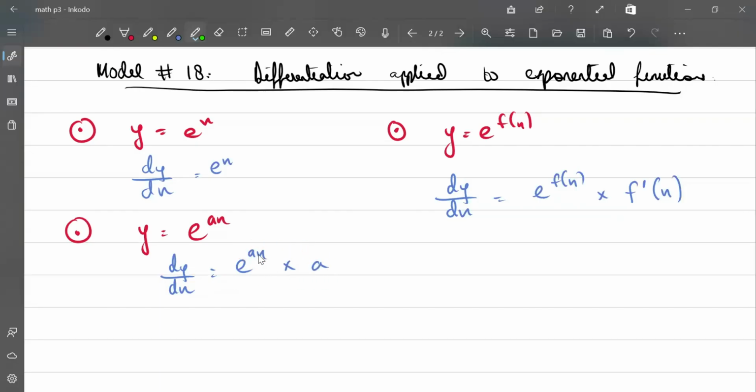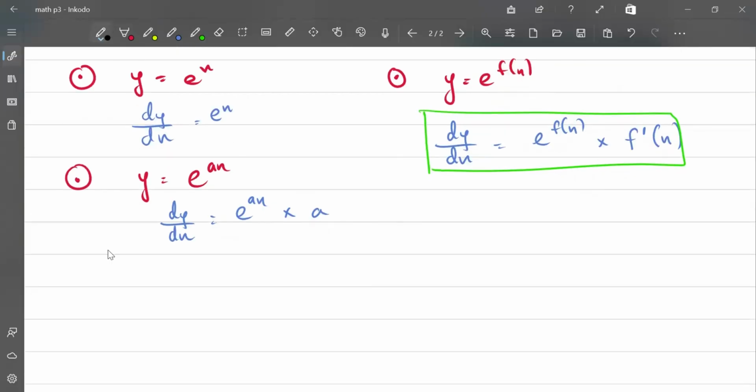So this is the rule that you should be remembering.